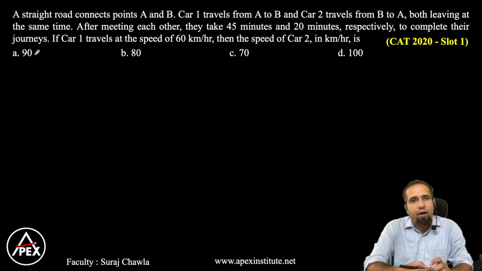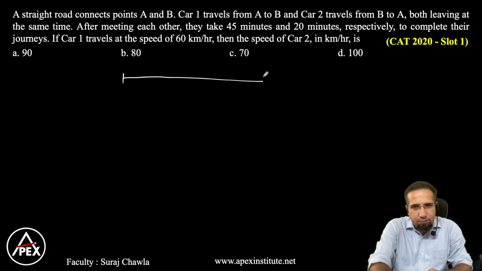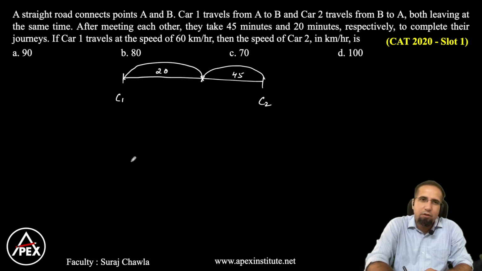Now a straight road connects points A and B. Car 1 travels from A to B and car 2 travels from B to A, both leaving at the same time. Okay. So I have two cars, car 1 and car 2. After meeting each other, car 1 takes 45 minutes to reach the other end, and car 2 takes 20 minutes to reach the other end.